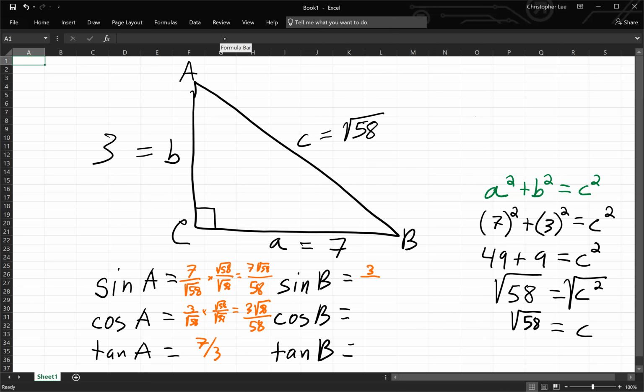Now we're talking. Right? Right, for A and for B. So then now we have to multiply by square root 58 over square root 58. So final answer is 3 square root 58 over 58. What about cosine of B?